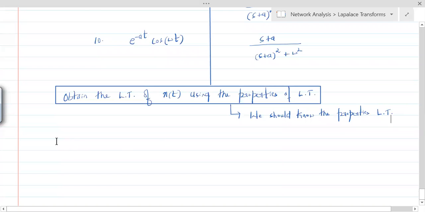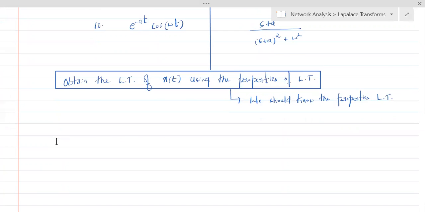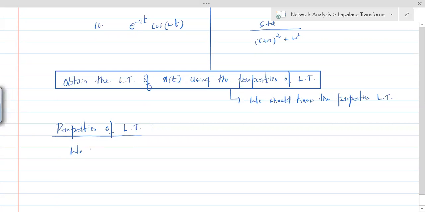Take down the heading: Properties of Laplace transform. We are not deriving it, mind you.